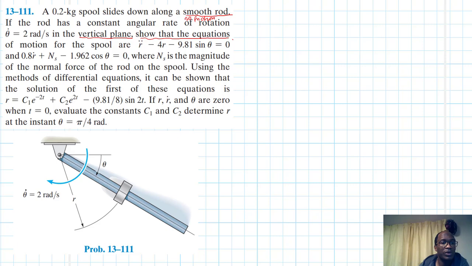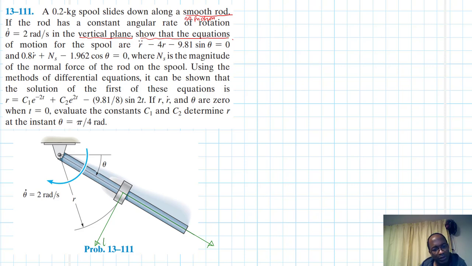Let's draw the free body diagram. We're going to be using polar coordinates. So we have this is the radial coordinate, and this is the theta coordinate.